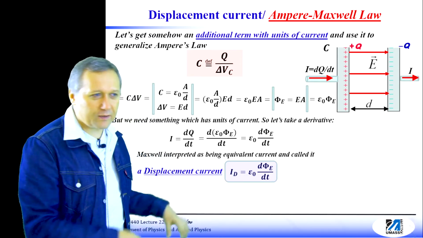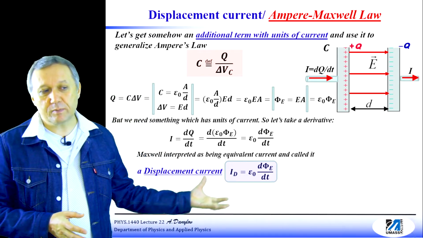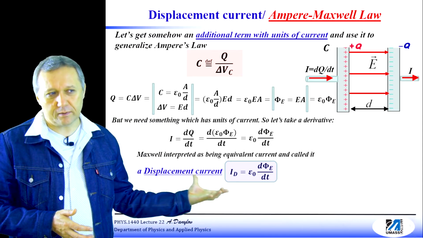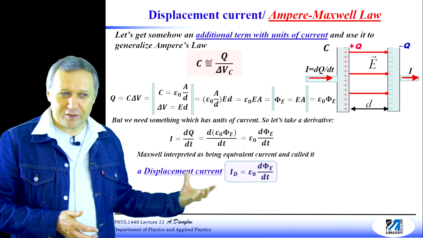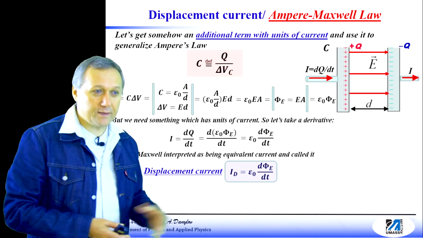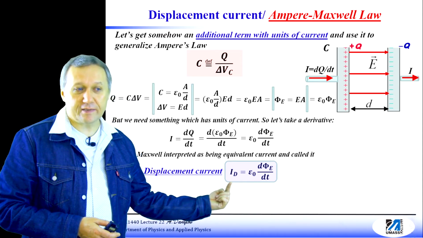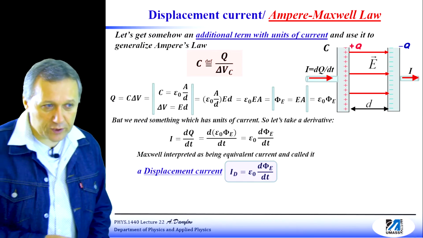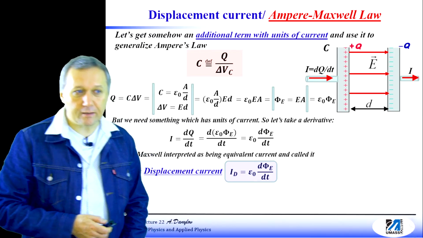That was all trashed, but the name survived. Maybe because it just sounds cool. But again, don't think about the meaning. It's just a nice name for this construction. Displacement current, I sub d equals epsilon naught times the rate of change of the electric flux.